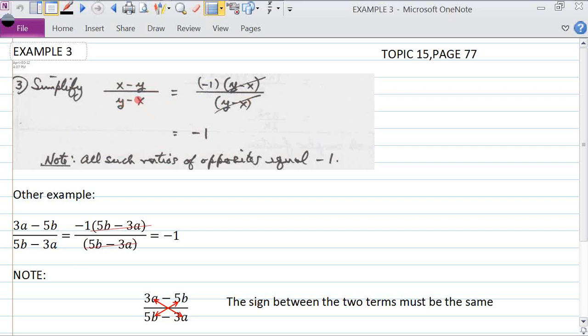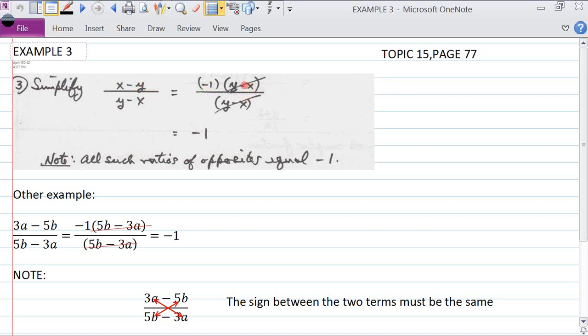We're going to rewrite the numerator as minus 1 times y minus x, because minus 1 times y gives me the minus y, and minus 1 times minus x gives me plus x. So I can just take out minus 1 as a factor here, reverse this term, keep the same. Minus 1 times y, minus y. Minus 1 times minus x gives me x.